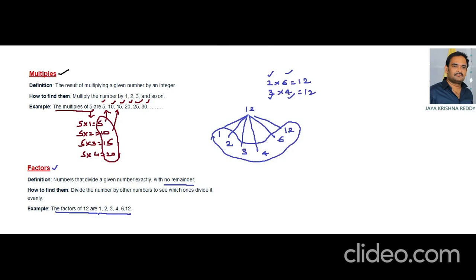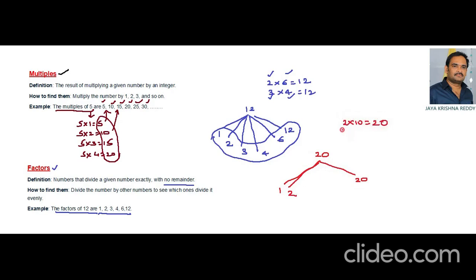And one more example, factors of 20. You have to check by which numbers 20 will be divisible. By 1 table, 20 is divisible by 1 and 20 is also divisible by 20. And next by 2 table, 2 tens are 20.